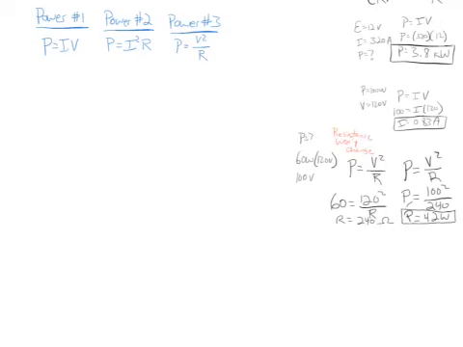Okay, then our final example says most stereo speakers are designed to have a resistance of 8 ohms. So if an 8 ohm speaker is connected to a stereo amplifier with a rating of 100 watts, what is the maximum possible potential difference the amplifier can apply to the speakers?